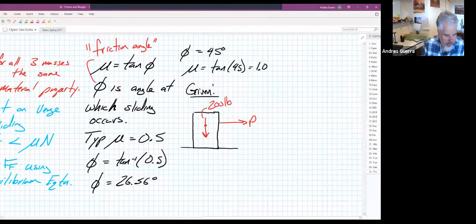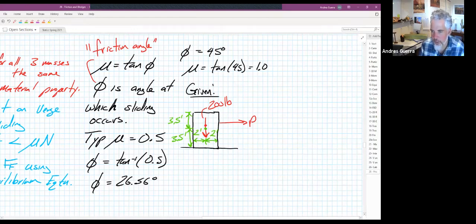Technically the center of the crate would be right there, at a distance of 3.5 feet and another 3.5 feet. Then horizontally across here, we have distances of 2 feet and another 2 feet.